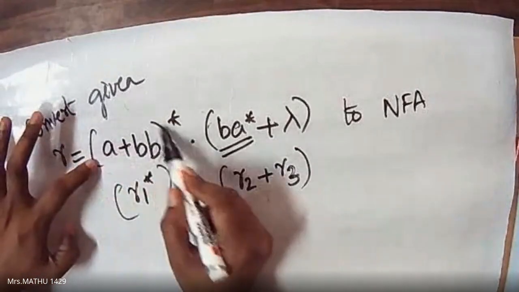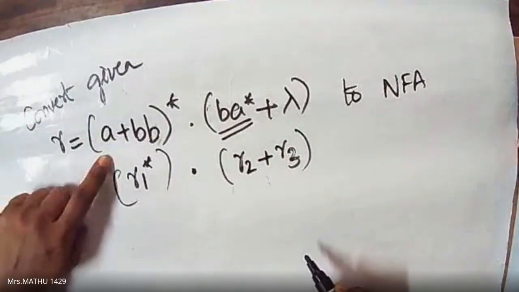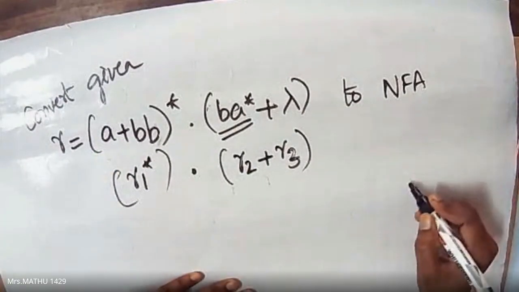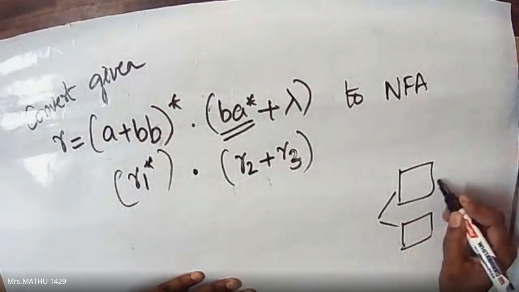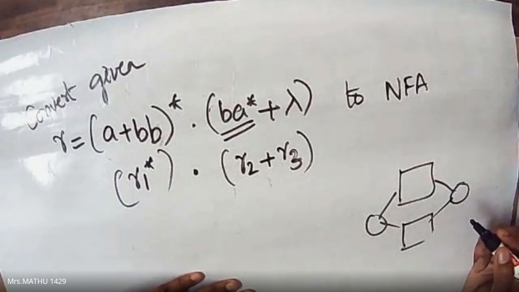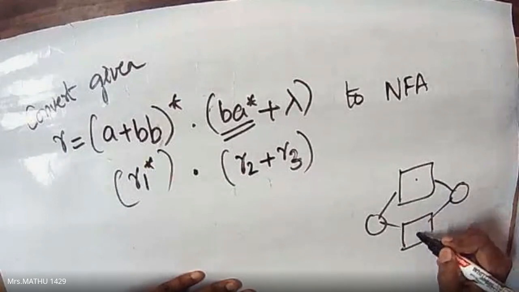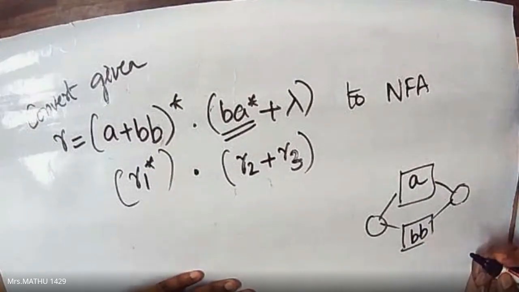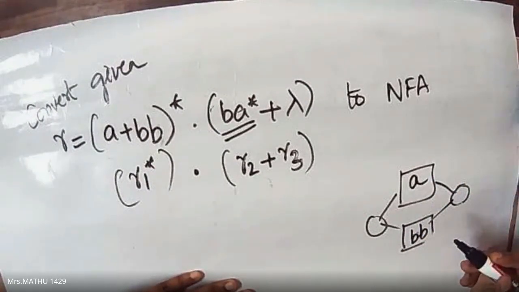First, how will you draw A plus BB? Then we will do the star. When you have a union operator, you need to draw the parts separately and combine them using a common initial and final state. This machine will have A and this will have BB, right? A plus BB, that is what we want to construct.